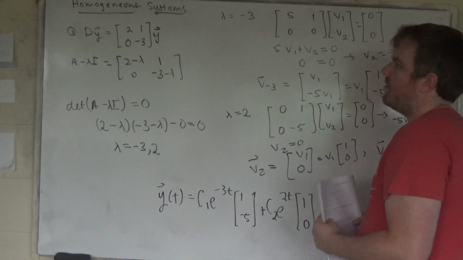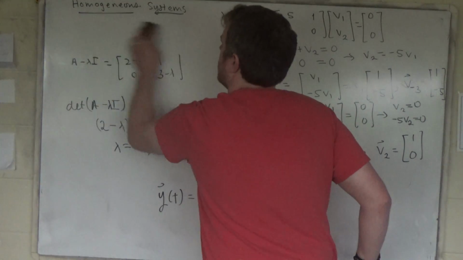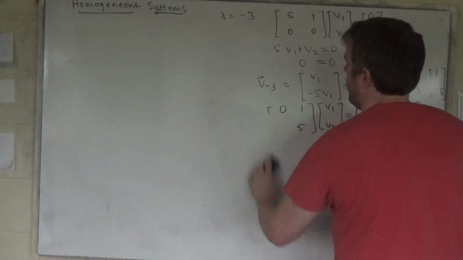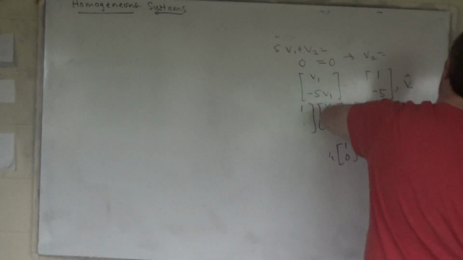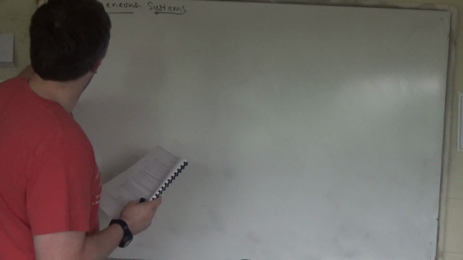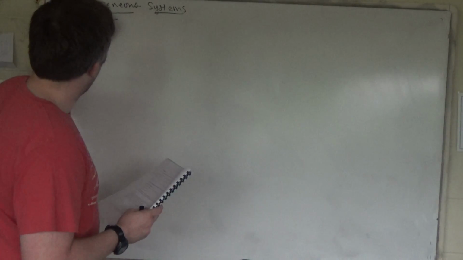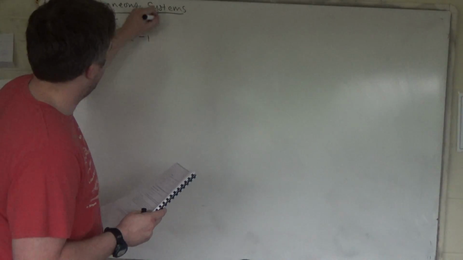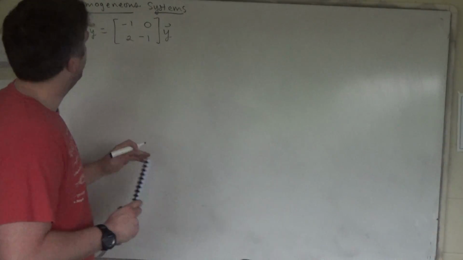Okay, so let's try number 2 now. By the way, the distinct eigenvalue case is the good case. It's the best possible scenario. For number 2, we have dy equals the matrix -1, 0, 2, -1 applied to y.